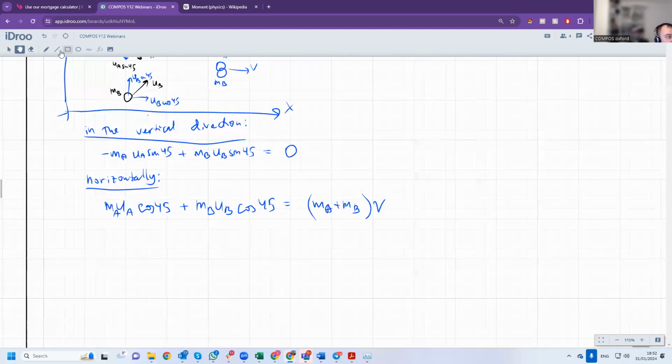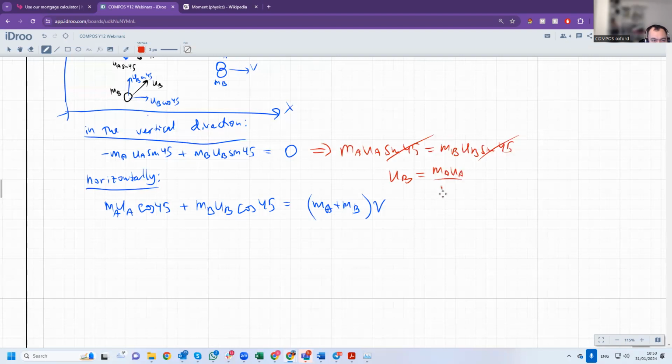From the first statement, we can see that MA UA sine 45 equals MB UB sine 45. So sine 45 cancels, and we have UB equal to MA UA divided by MB.